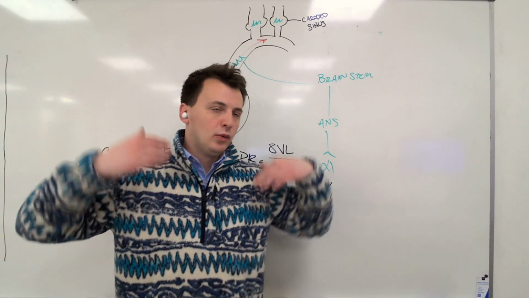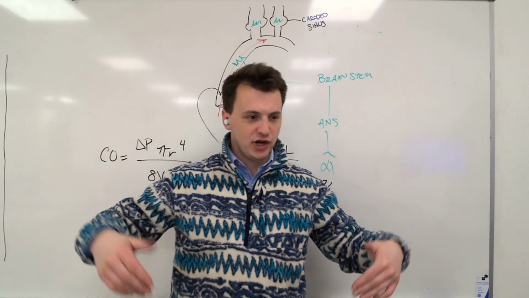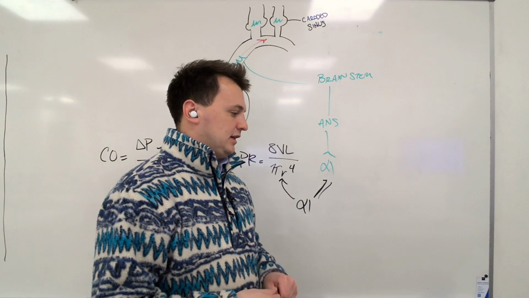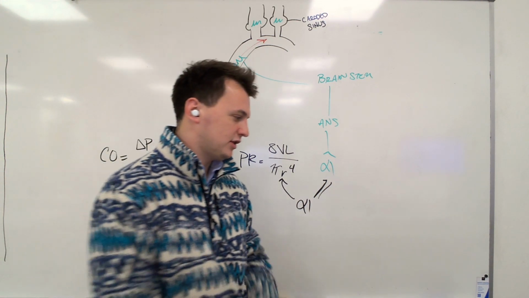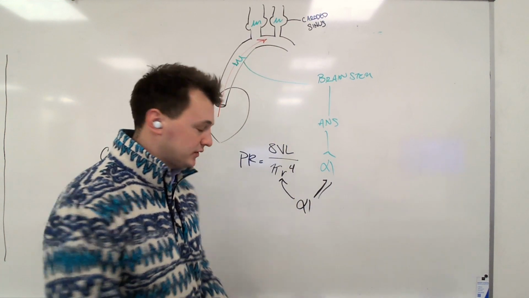Angiotensin 2 will then increase things like vasoconstriction or thirst even, and adenosine. So there's a lot of different things that go on with it, but I'm going to now explain capillaries.